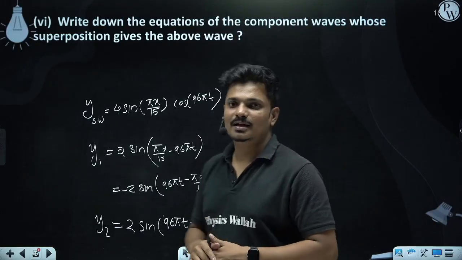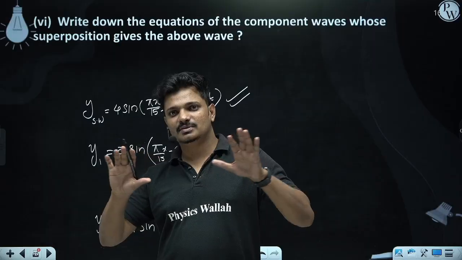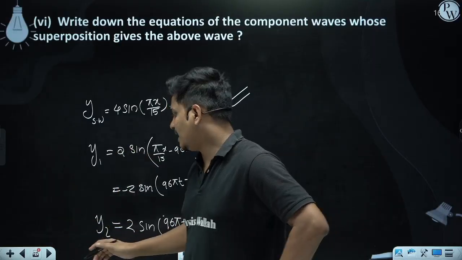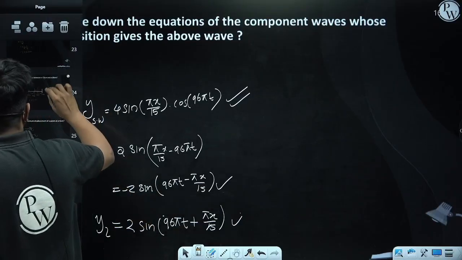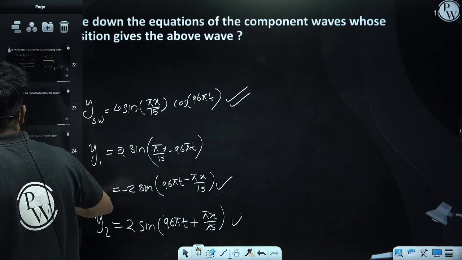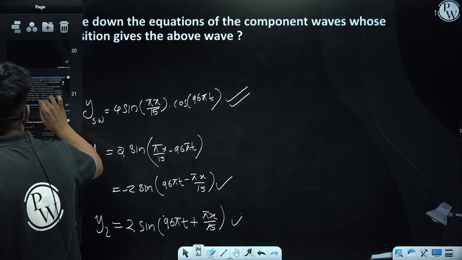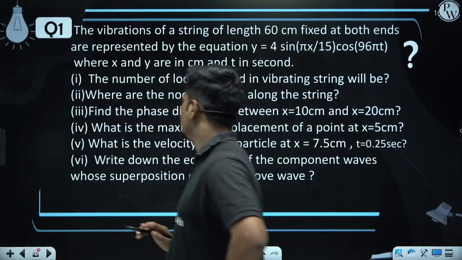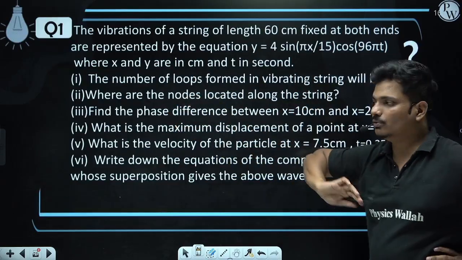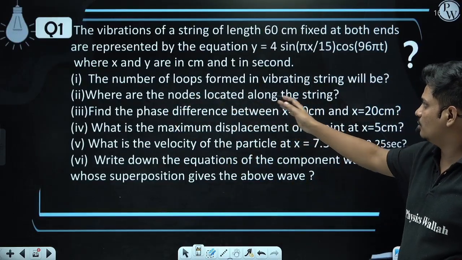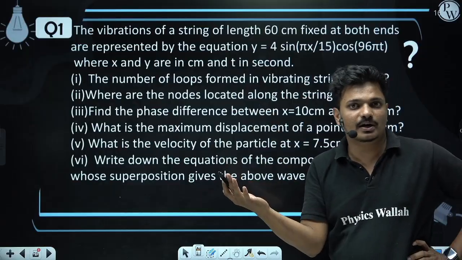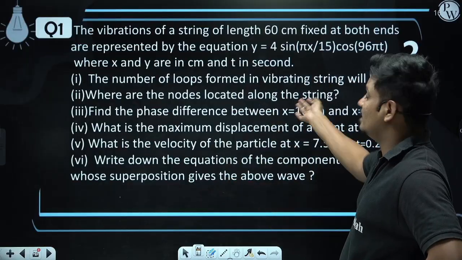So we have discussed standing waves in some situations, and we have done one problem. From this I tried to add all the points: how to find the number of loops, where the nodes are located, how to find the nodal points, then the phase difference between them.